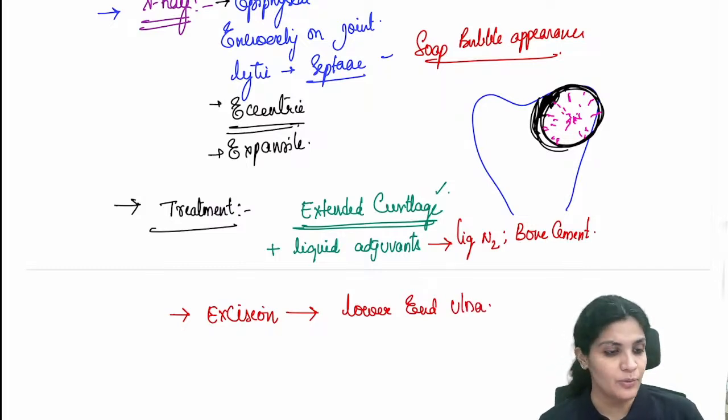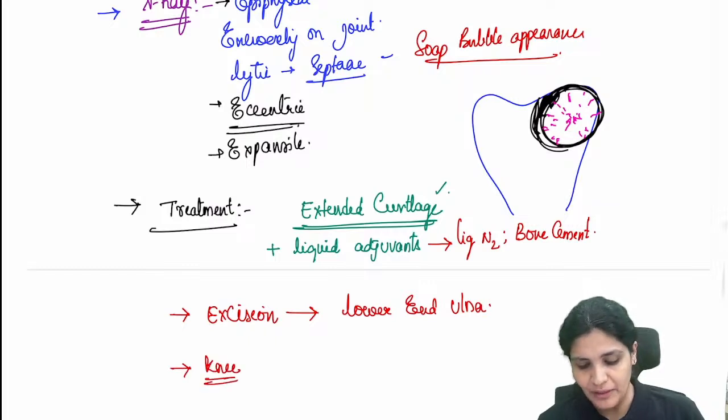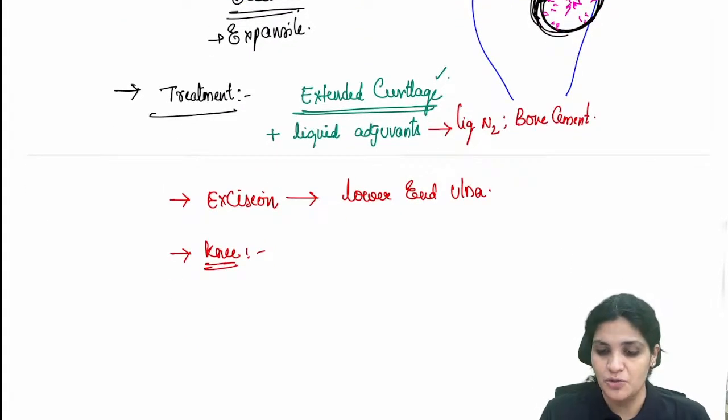At the lower end of ulna, you can do excision. But in some places like your knee joint, lower end of the femur, there are certain procedures which we can do.